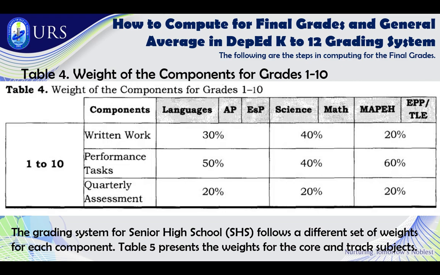So, yun po talaga yung nagpapalaki, and performance po talaga yung pinakamalaking percentage po na kinukuhaan po na grade ng bata. So, the grading system for senior high school or SHS follows a different set of grades for each component. So, iba naman po yung ginagawa doon kaysa po doon sa junior high school.